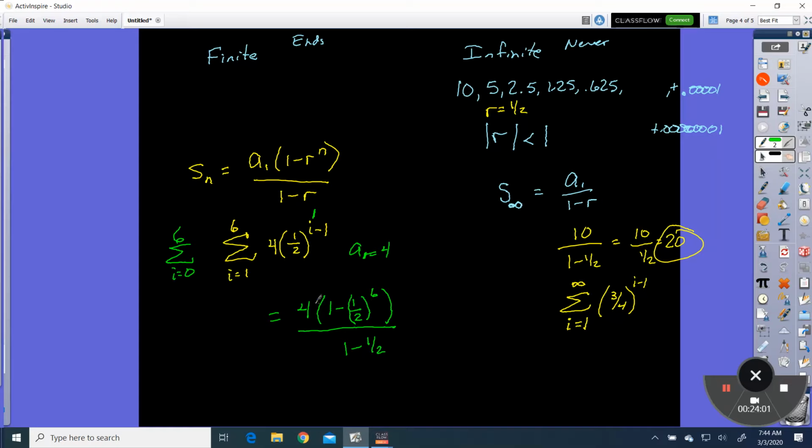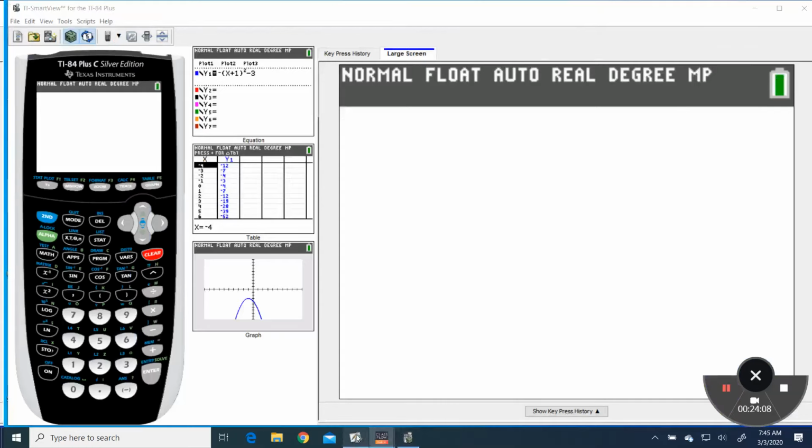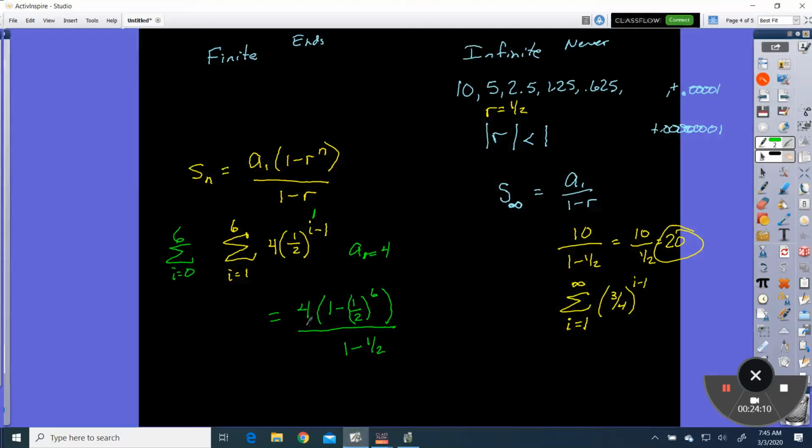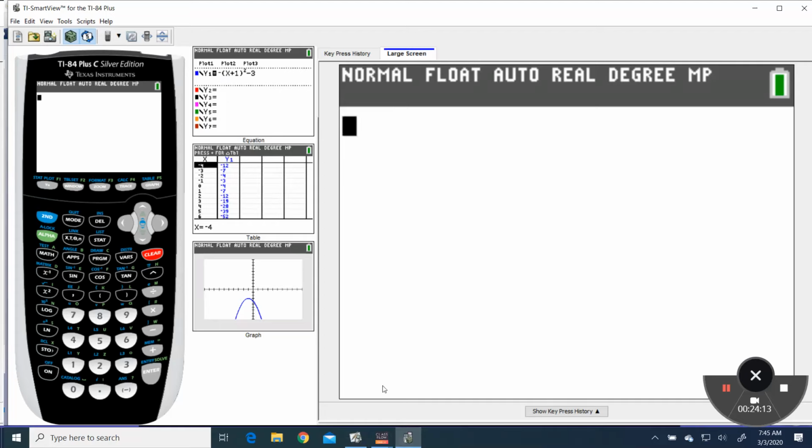So if I were you, I would actually just do this in my calculator. When you do it in your calculator, make sure you put your parentheses on there. So I'm going to go 4, parenthesis, 1 minus parenthesis 1 divided by 2, close that parenthesis to the 6th power, and then close that parenthesis.